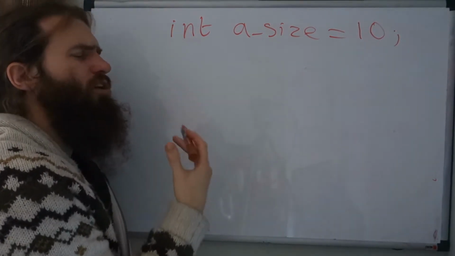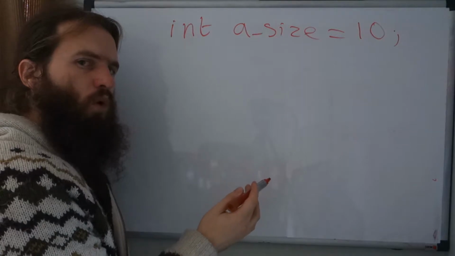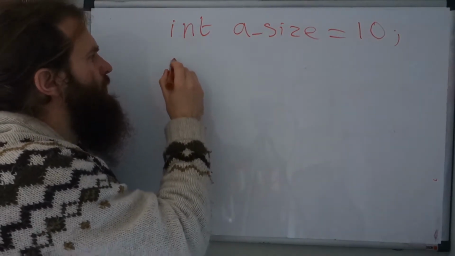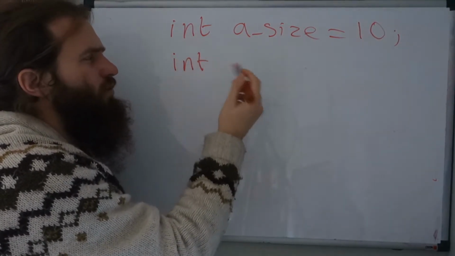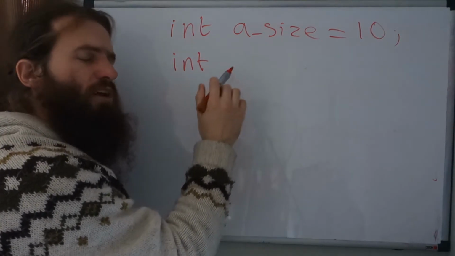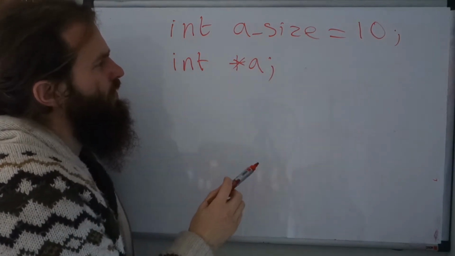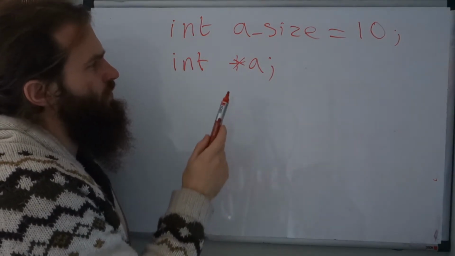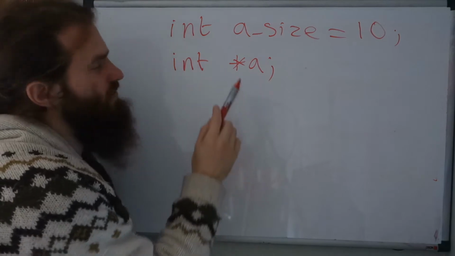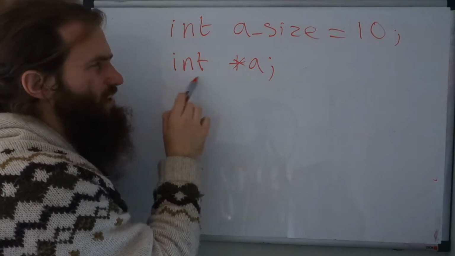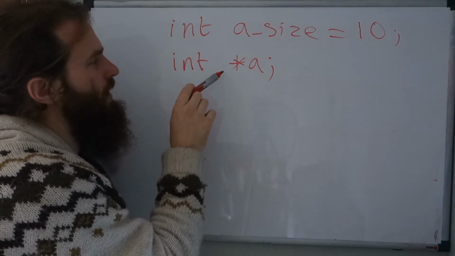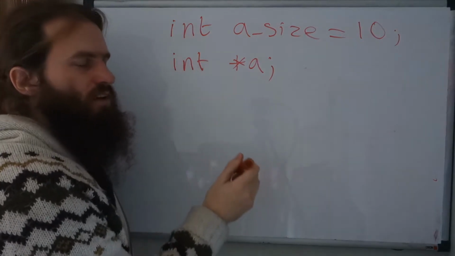Now we're going to declare space for the actual array itself. This time I'm going to call the array A again, but we need to put before A an asterisk. What this means is the association of the asterisk is actually with int, because the asterisk means a pointer.